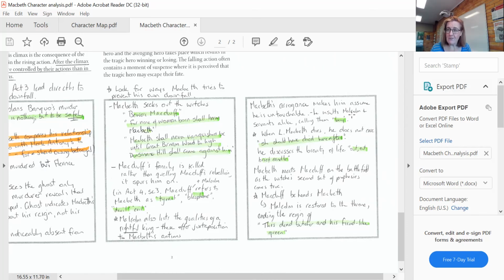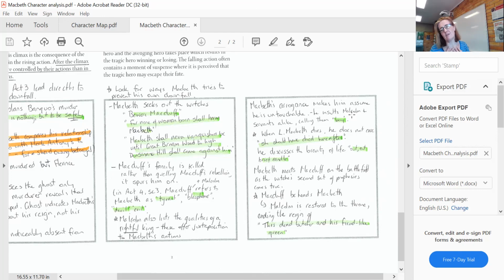We see our three prophecies play out again, as we would expect, but we also see the nadir of Macbeth's characterisation. So nadir is the lowest point. When Lady Macbeth dies, he doesn't care. "She should have died hereafter."